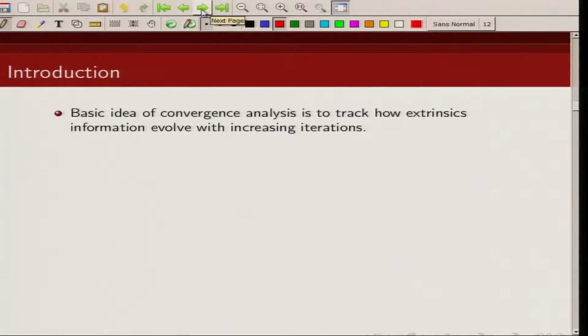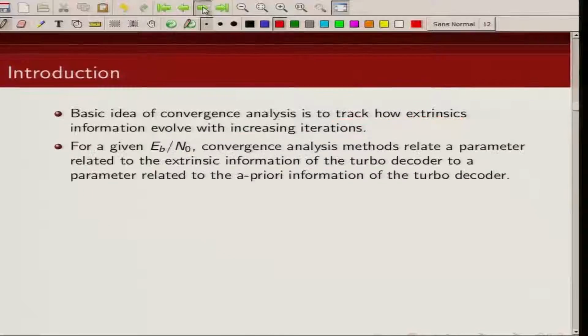So the basic idea of convergence analysis of turbo code is to track how this extrinsic information is evolving with increased iteration. If you feed in a better a priori value, how is your extrinsic information evolving?